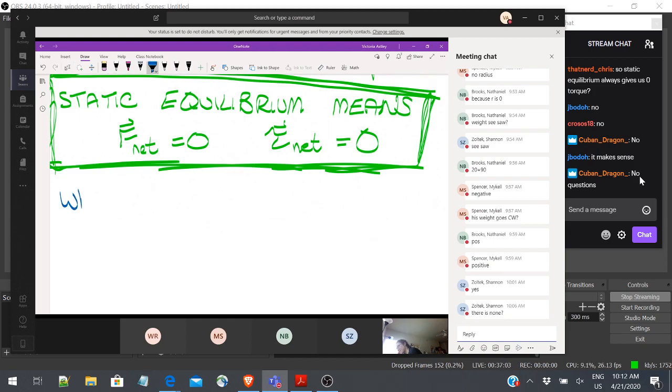What if the net torque does not equal 0? What's going to happen?